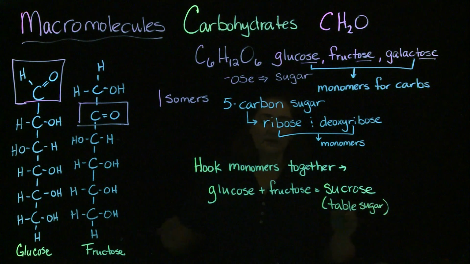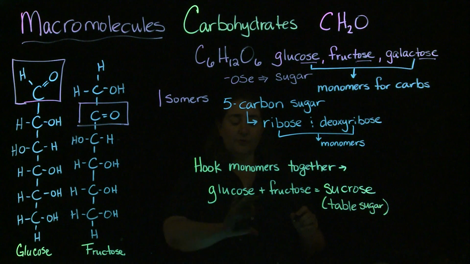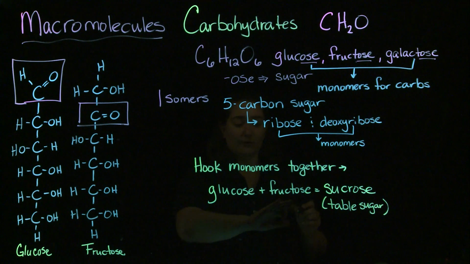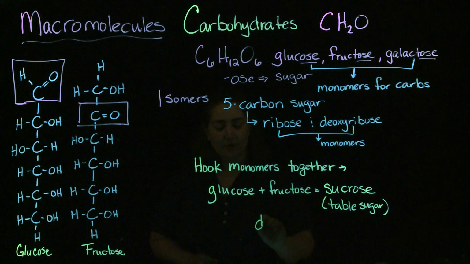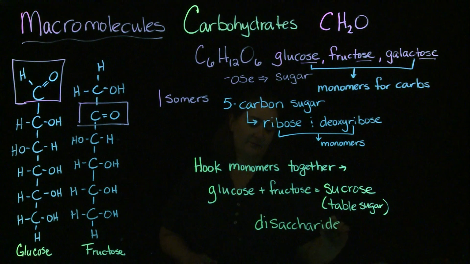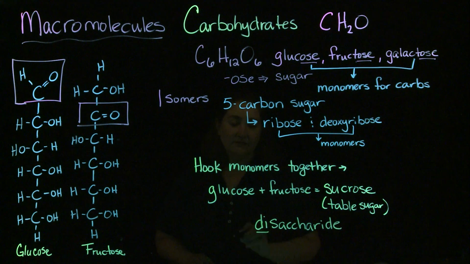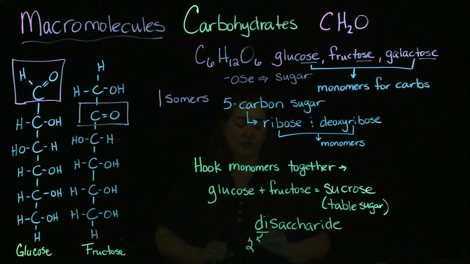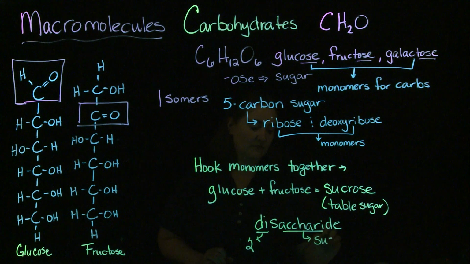Because we have one monomer of glucose and one monomer of fructose, we are going to refer to this as a disaccharide. Di meaning two. We've got two monomers hooked together. Saccharide being our sugar.